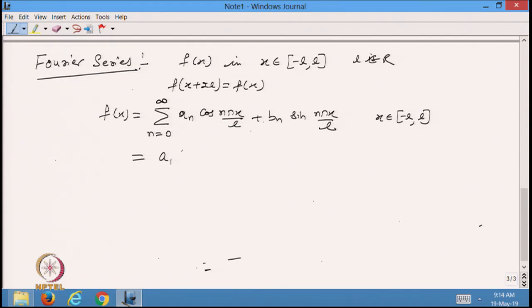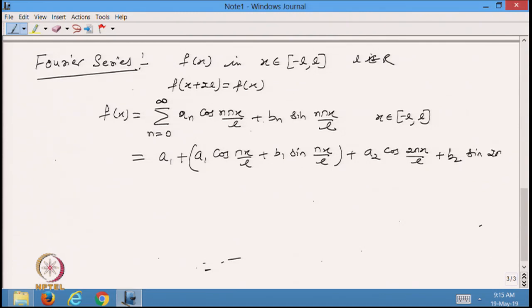So, only a 1 will be left, plus then I can have a 1 cos pi x by L plus b 1 sin pi x by L. This is the first term, then a 2 cos 2 pi x by L plus b 2 sin 2 pi x by L, and so on.